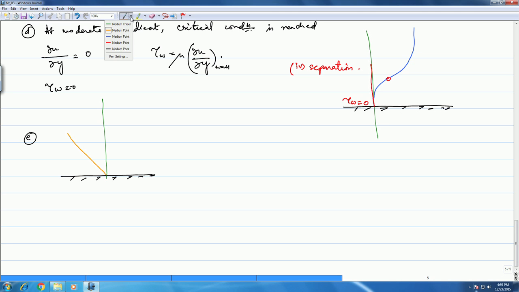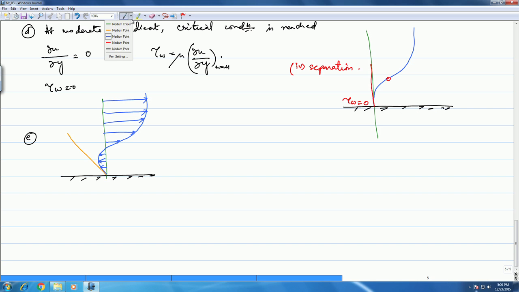The only way this is going to be possible is if I draw something like this, and then I will have a plot like this, which means that I have backflow, something that you guys talk about. So basically the flow is in the reverse direction, as you can see.